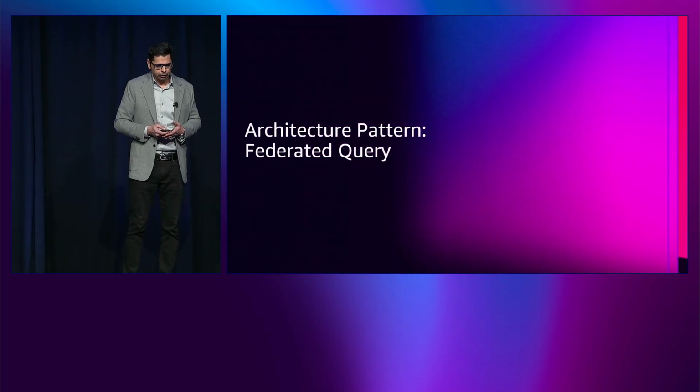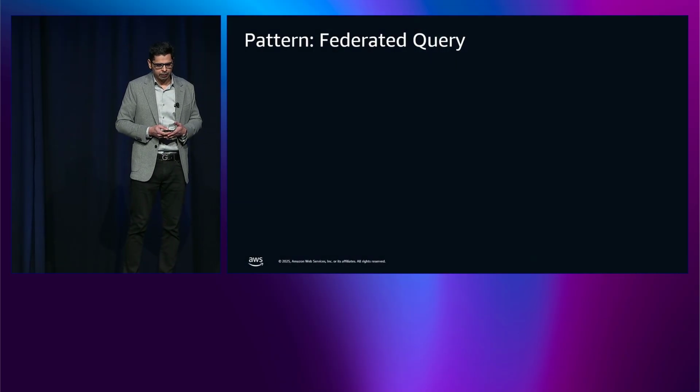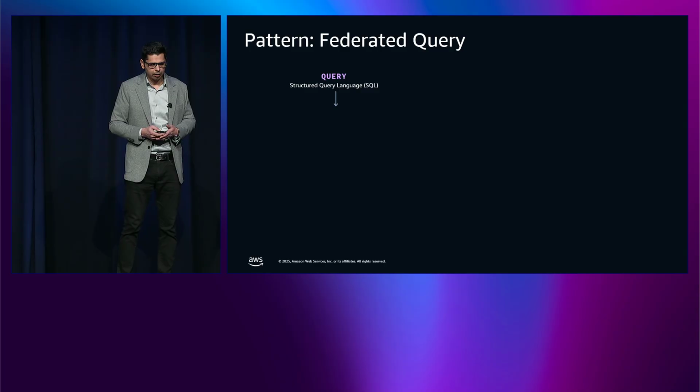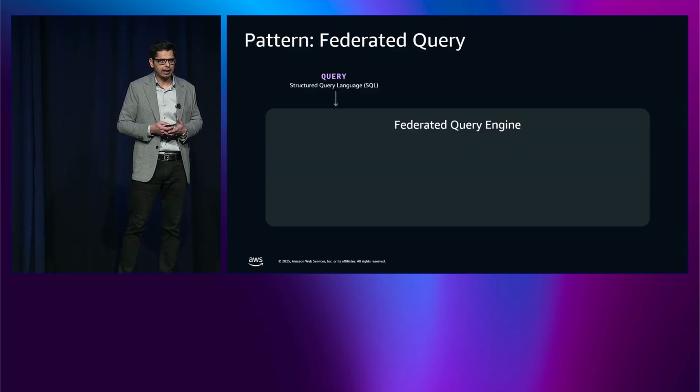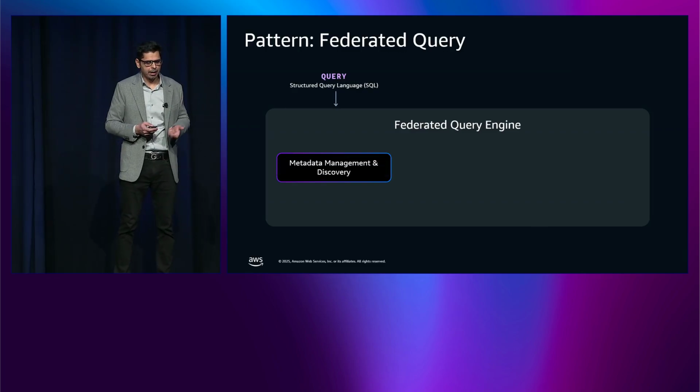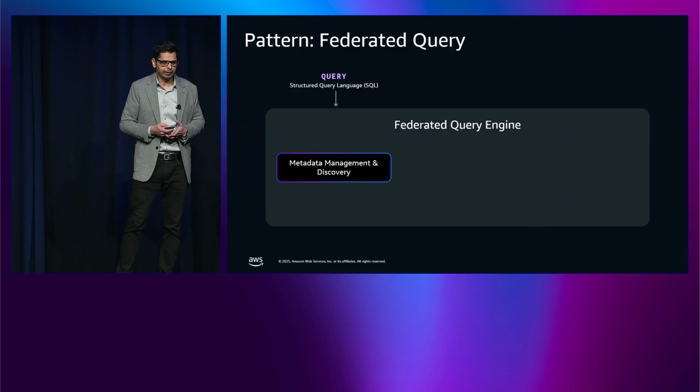So let's talk about the other architecture pattern, which is federated query. In case of federated query, we submit a query to a federated query engine, and that engine has some core components. For example, metadata management and discovery is one of the key components.